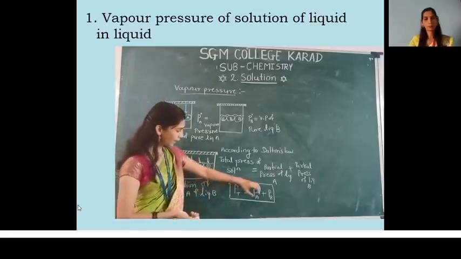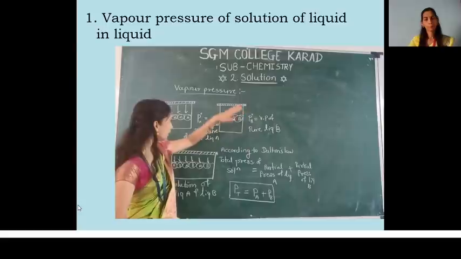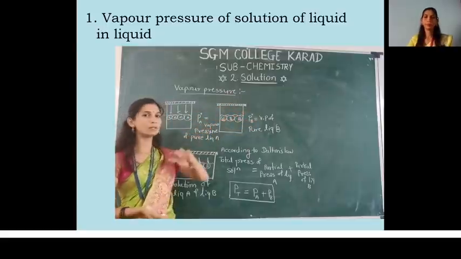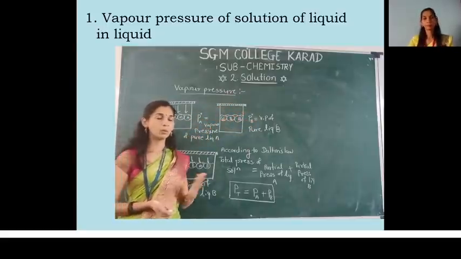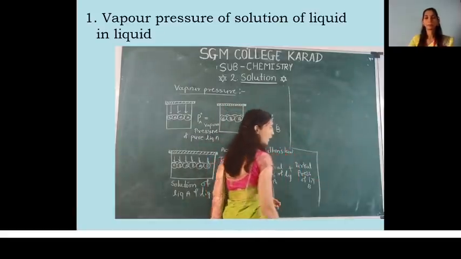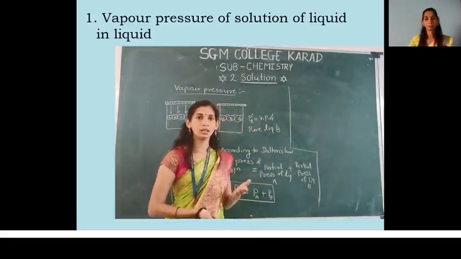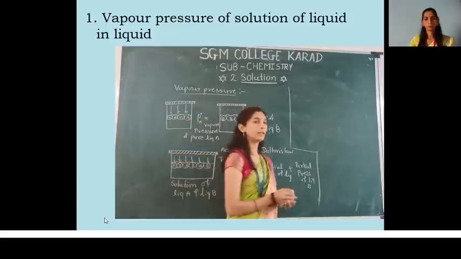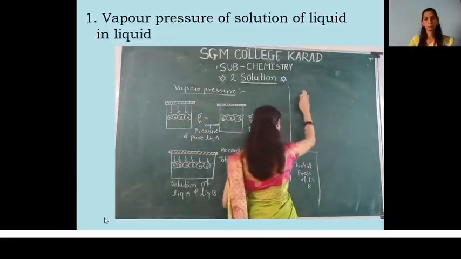But there is a relation between that partial pressure as well as the vapor pressure. Vapor pressure आणि partial pressure त्याच्यामध्ये सुद्धा काहीतरी रिलेशन आहे. That relation is given by the scientist Raoult.